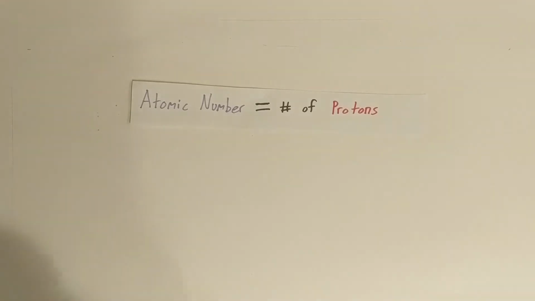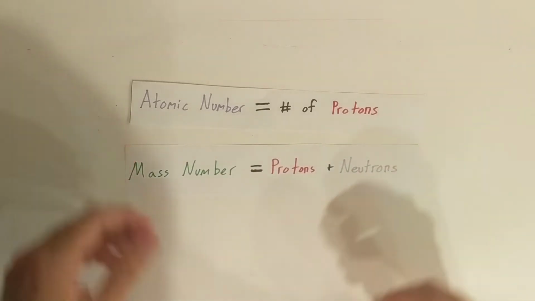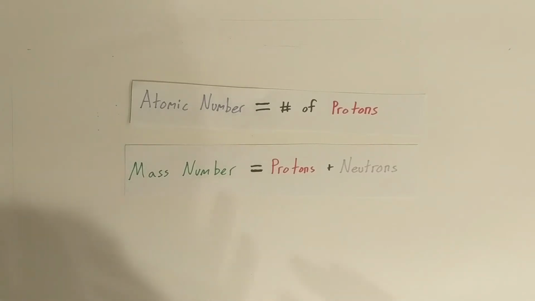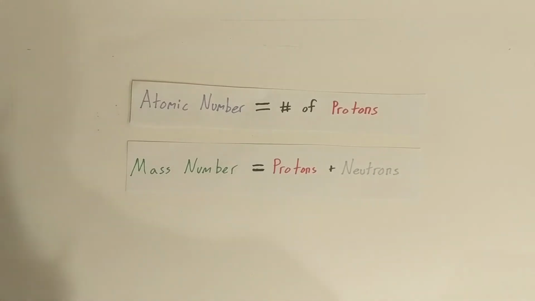The second thing that we said we needed to find was mass number. So mass number, if we remember our three subatomic particles, protons had a mass of 1 AMU. Neutrons had a mass of 1 AMU as well.